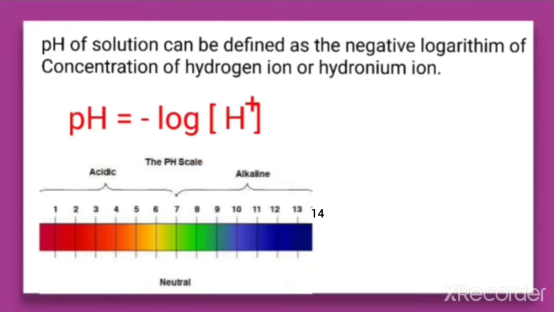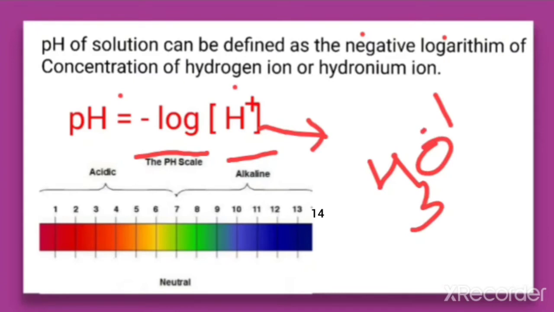That is the definition of pH, the negative logarithm of concentration of H plus. Negative log means minus log of concentration of H plus, or instead of H plus we can take H3O plus also, that is, the concentration of hydronium ion.